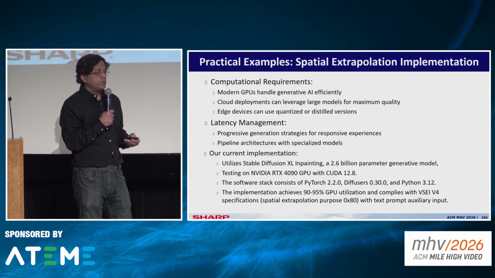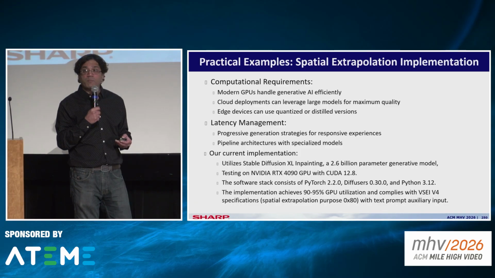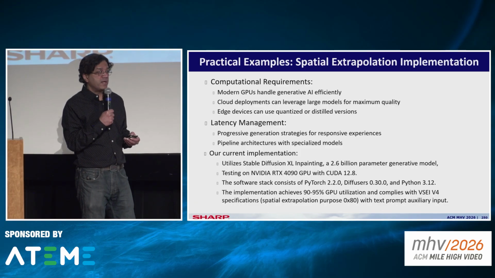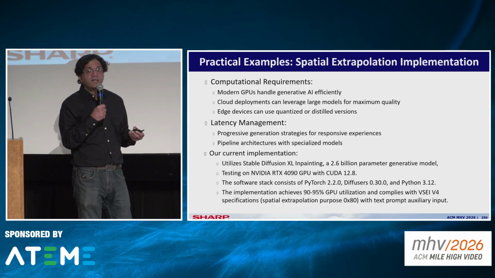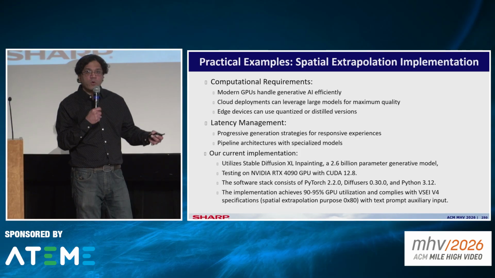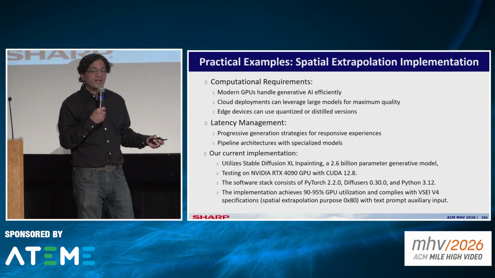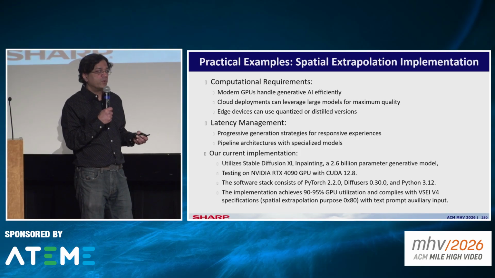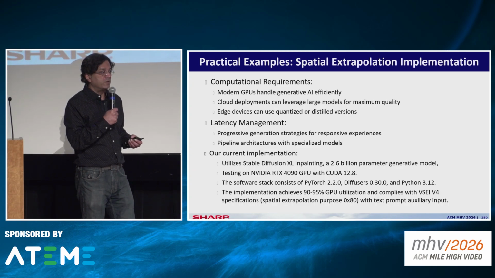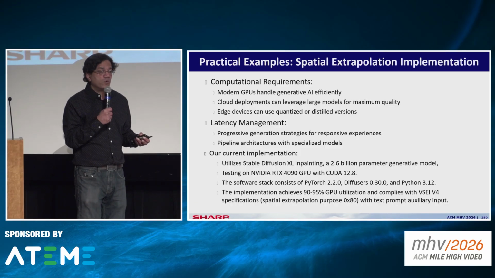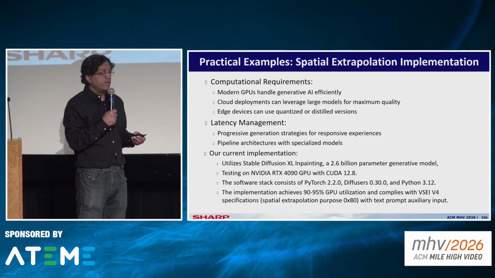One of the issues is how much is the computational requirements of this. And in the standardization world, you're not directly working on a product, so people have their own implementation. I just want to give a general set of aspects that people usually consider. So obviously, we know you probably need a GPU to do that.